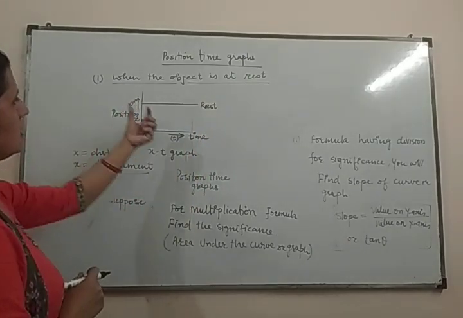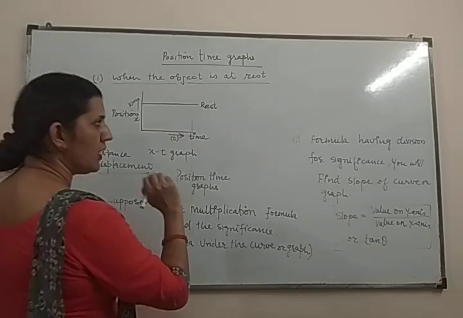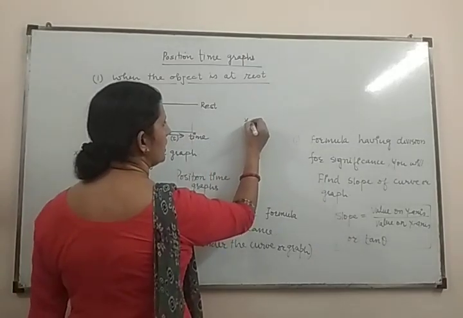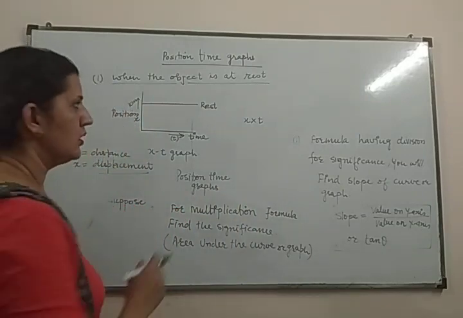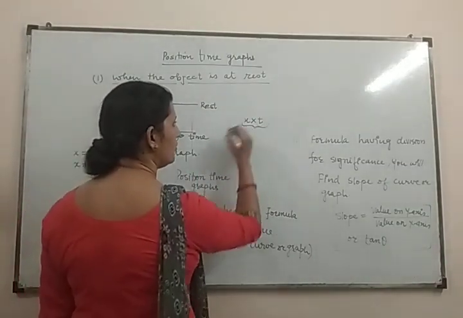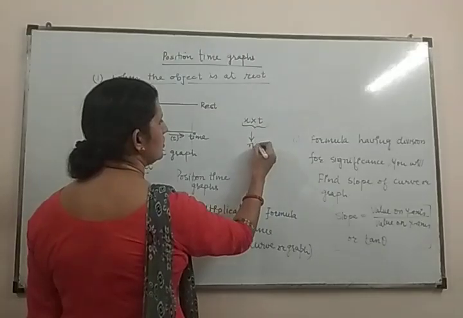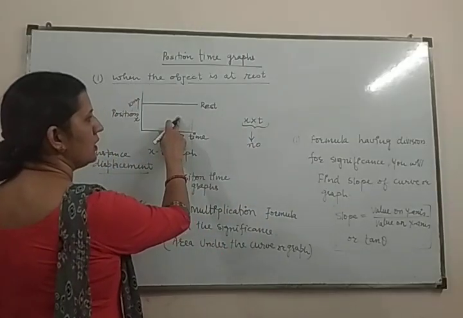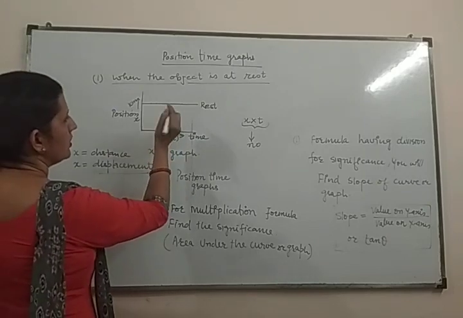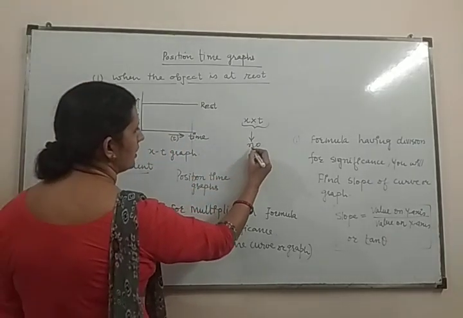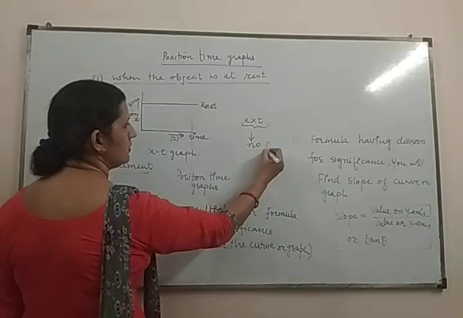This is position, this is time. Do you have any formula of distance into time or displacement into time? Do you have any kind of formula? The answer is no. So there is no significance of this graph in terms of area. No formula.